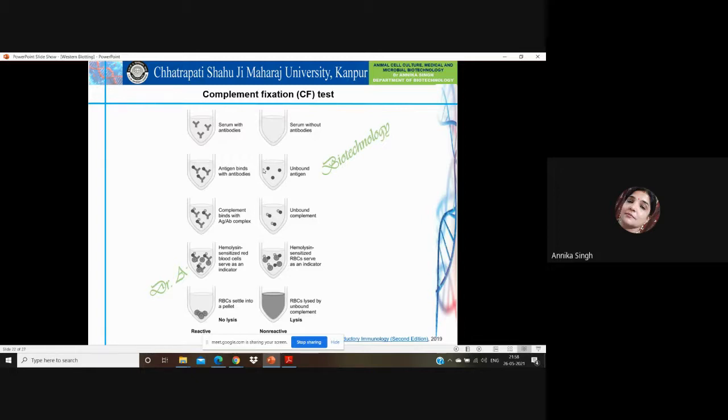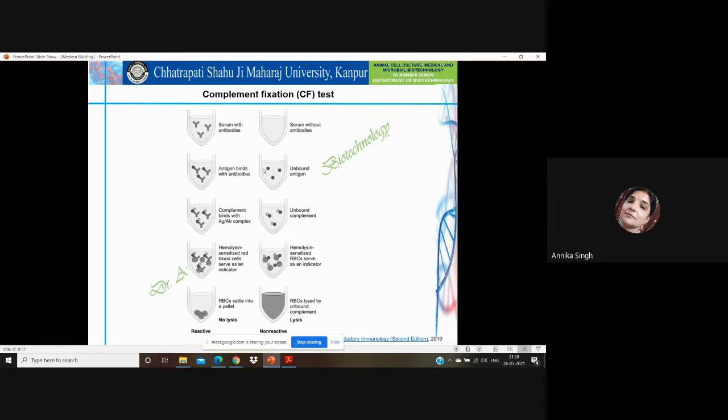If the antigen specific antibody is present in the serum, it binds with the antigen and makes an immunocomplex, and the standard complement which has been added binds with that immunocomplex.